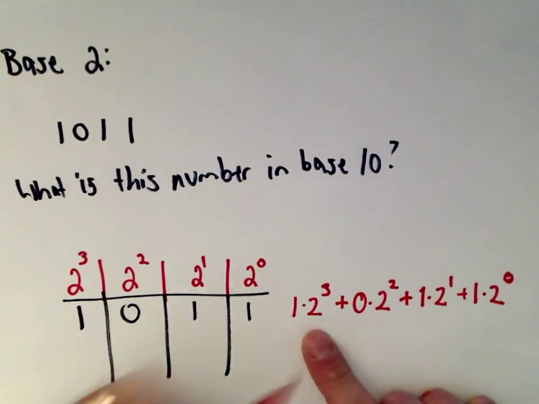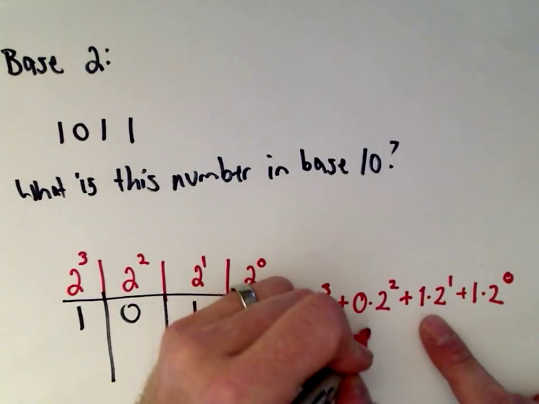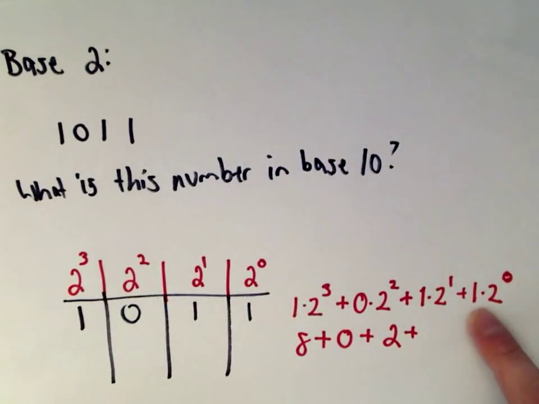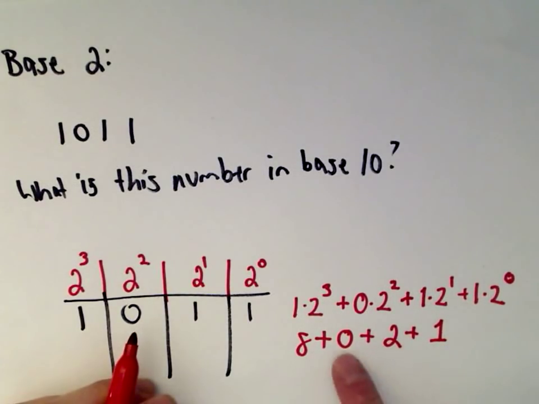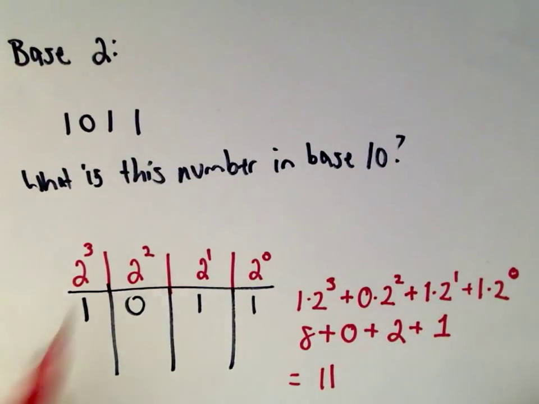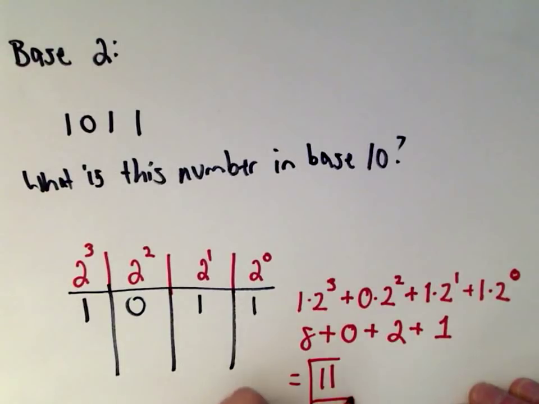Well, 2 to the third, that's 8. 0 times anything is 0. We'll have 1 times 2, which is 2. We've got 1 times 2 to the 0, that's 1 times 1, or 1. So 8 plus 0 plus 2 plus 1, that's going to be the number 11. So the number 1011 equals the number 11 in base 10.